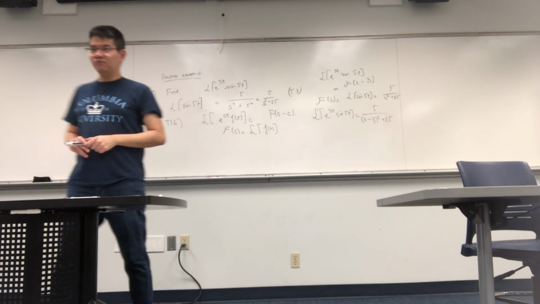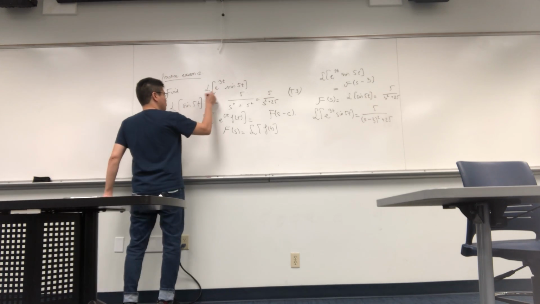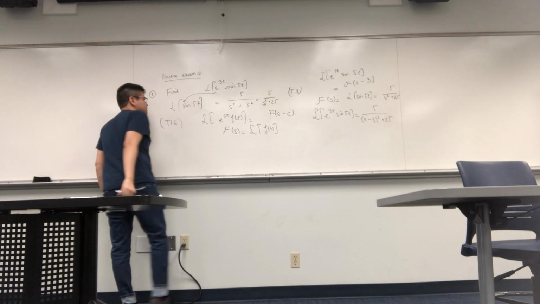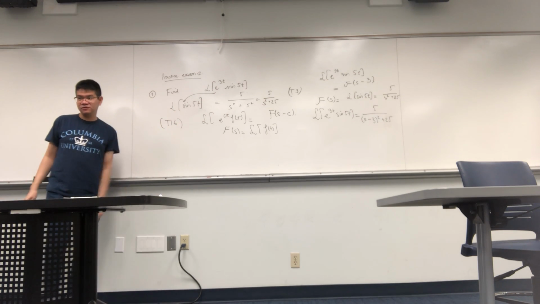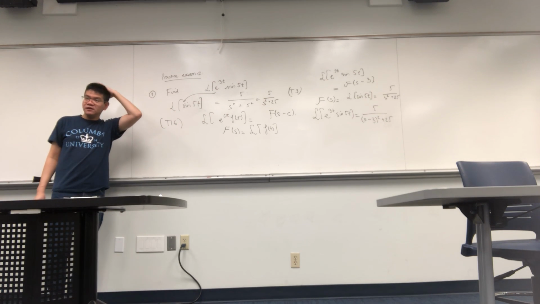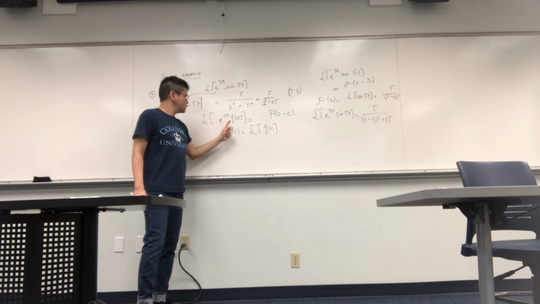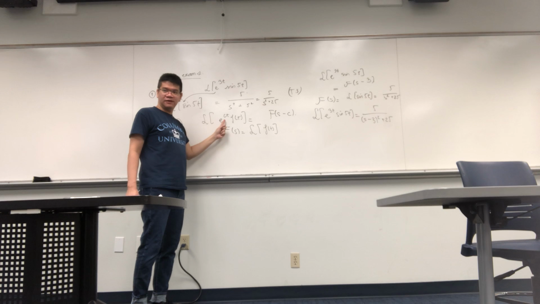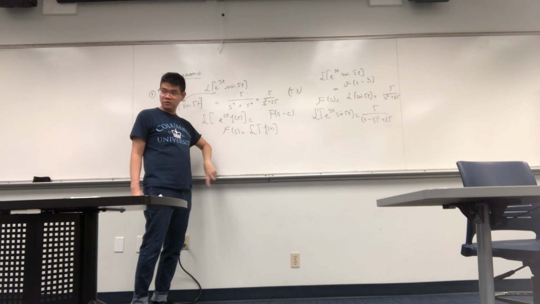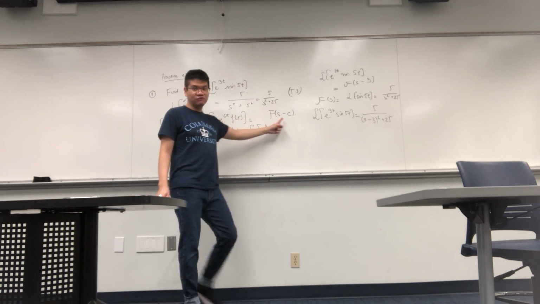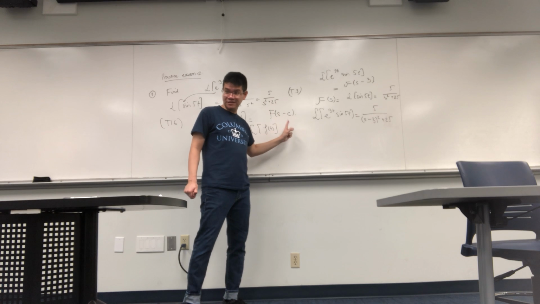Now you have to multiply e to the 3t to this function. All right? So how do you do that? You use the shifting theorem. If you multiply an exponential to a function, then you have to shift the Laplace transform by c.